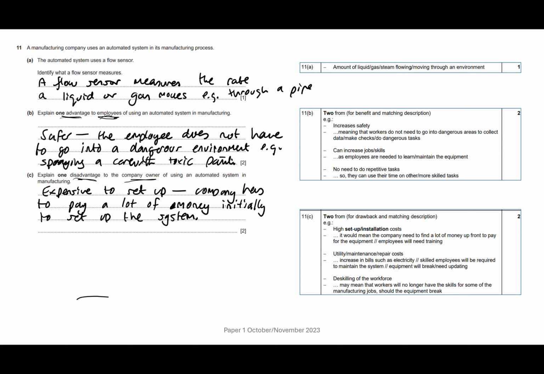Whereas if your equipment breaks and stops working, your whole operation, your whole factory might have to stop. But they've also included here deskilling of the workforce. So you don't have the people that are skilled in whatever the methods of manufacturing that you're using. But yeah, expensive is the main one. So let's stop this one and move on to question 12.